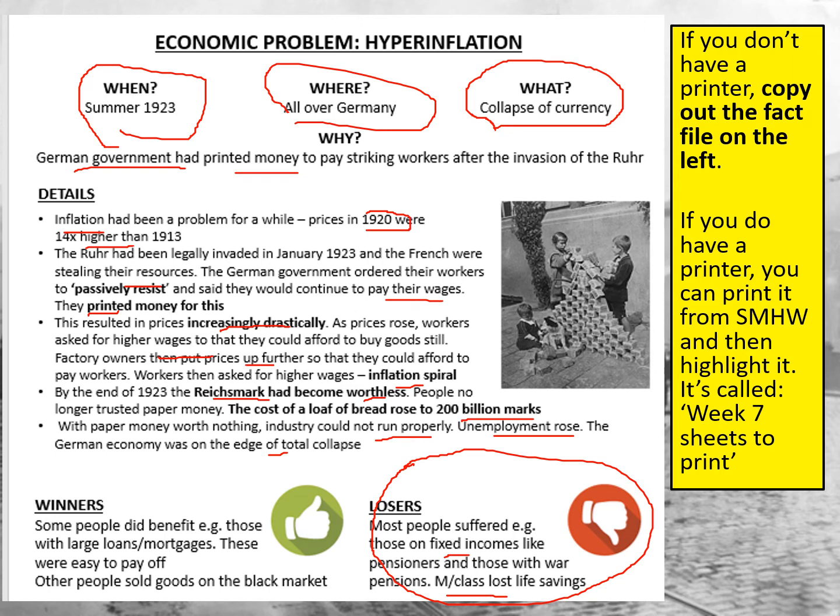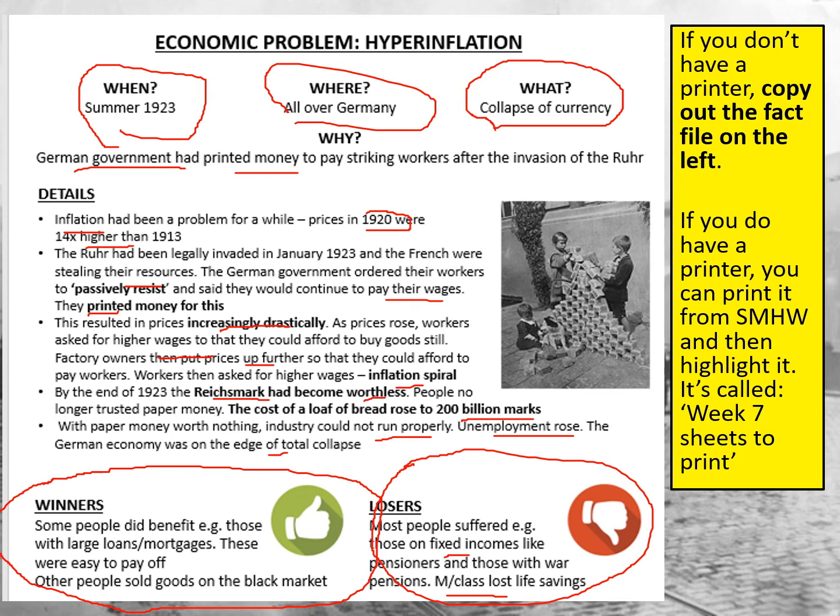However, there are some people that were what are called the winners of hyperinflation, people that did benefit to some extent. So for instance, if you were really heavily in debt, let's say you'd got a really enormous mortgage, all of a sudden now you can afford to pay off your mortgage or your loan straight away because you've signed a contract for a certain amount of money.